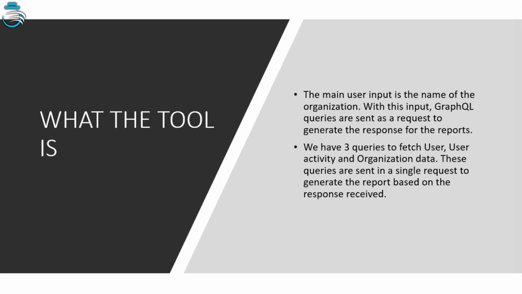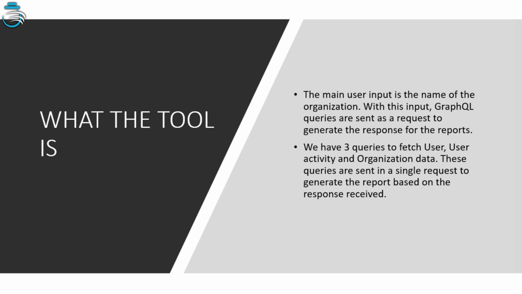Let's say your organization name is Canarys and you want to get all the users who have this organization name in their details, or who have an organization with an email link to this organization, or who have this organization present in any way in their respective details.